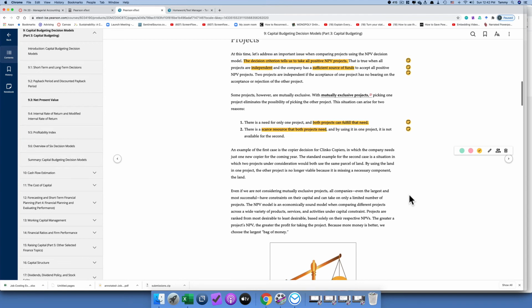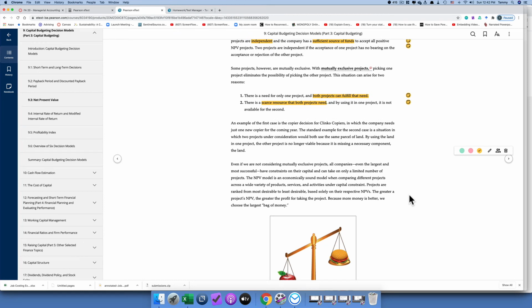All right? The other thing is, the scarcest of all resources, of course, is capital constraints. And so, all companies have capital constraints. And you can only take on as many projects as you can afford to do.